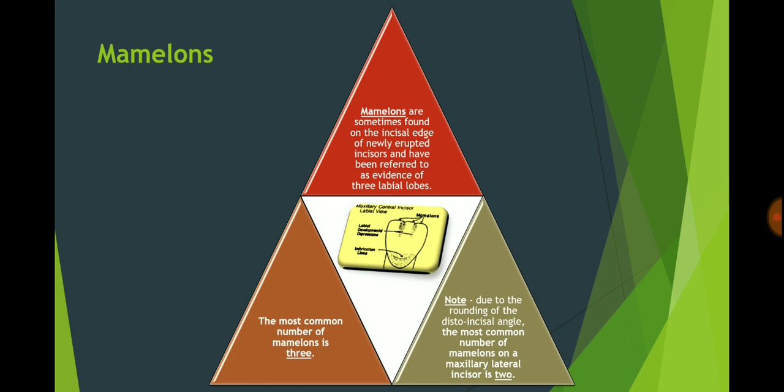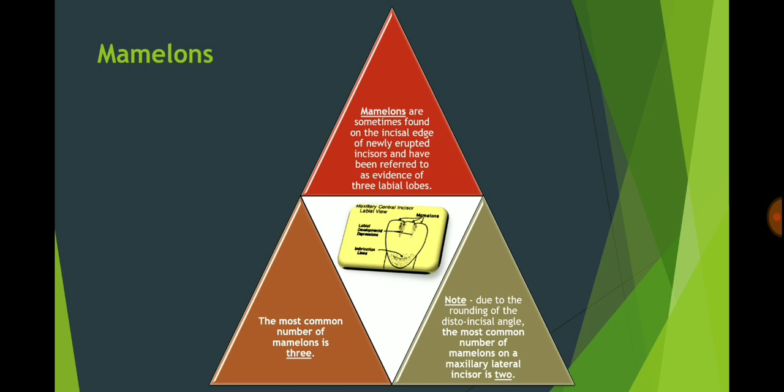Okay, so that's the significance of mamelons. If you see somebody who is an adult and has mamelons, just know that there's some kind of malocclusion. Now, you look at the picture there, so you can see that there are 3 mamelons separated by labial developmental depressions.